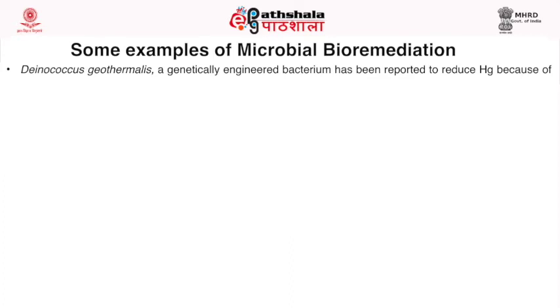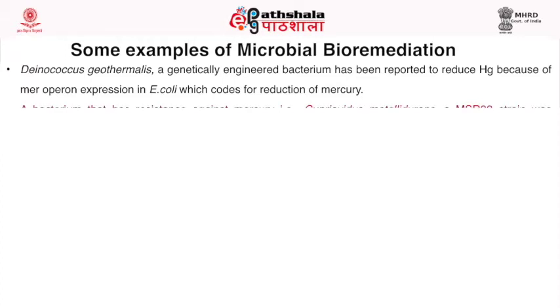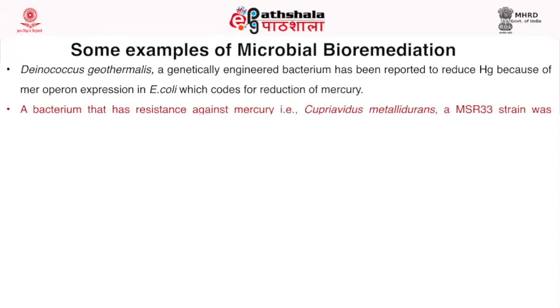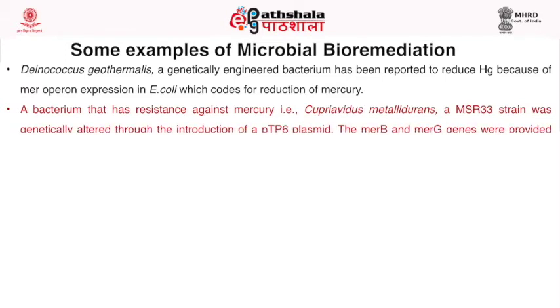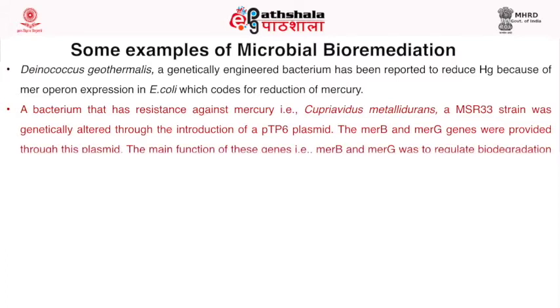Deinococcus geothermalis, a genetically engineered bacterium, has been reported to reduce mercury because of MER operon expression from E. coli, which codes for reduction of mercury. Another bacterium that has a resistance against mercury, Cupriavidus taiwanensis, strain MSR33, was genetically altered through the introduction of pTP6 plasmid.